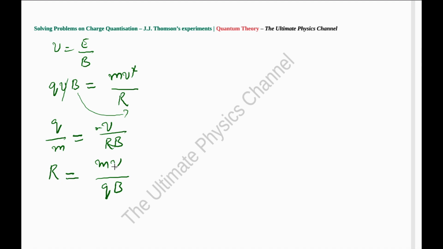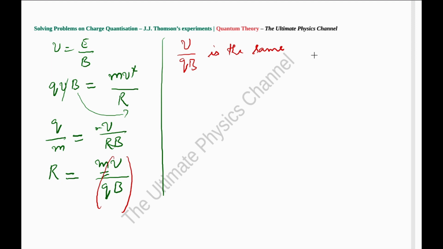What is different for the 4 particles then? The mass is different. So we can first calculate this term alone, that is V over QB. The term V over QB is the same for all the particles. M is different for each.